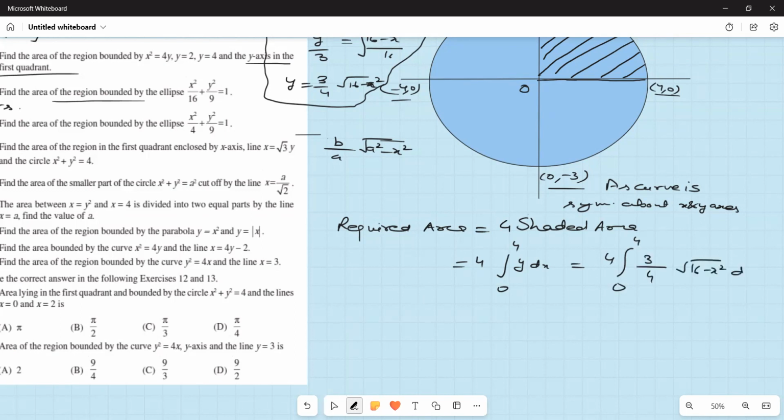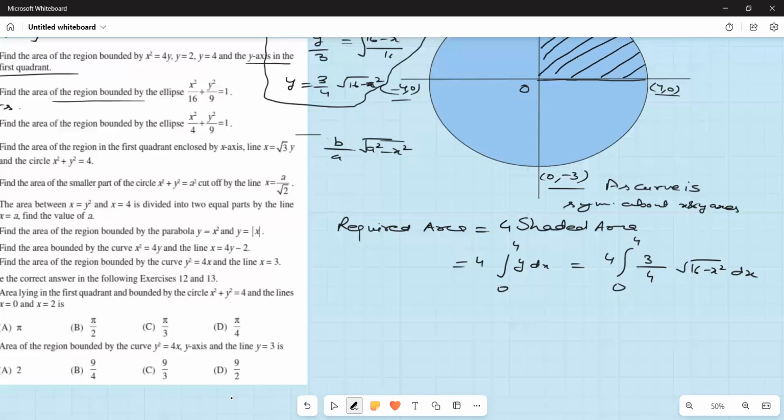Now, if you remember, this is the formula for square root of a square minus x square: x by 2 square root of a square minus x square plus a square by 2 sine inverse x by a. This is the formula of integration.